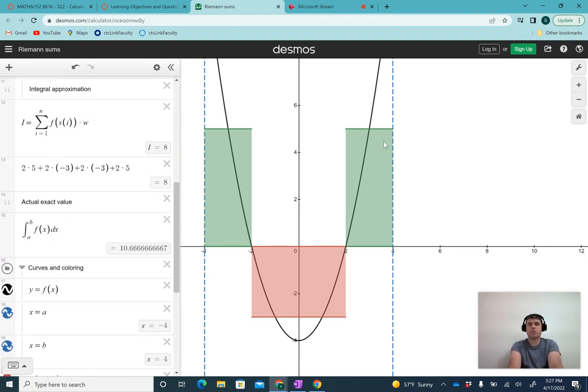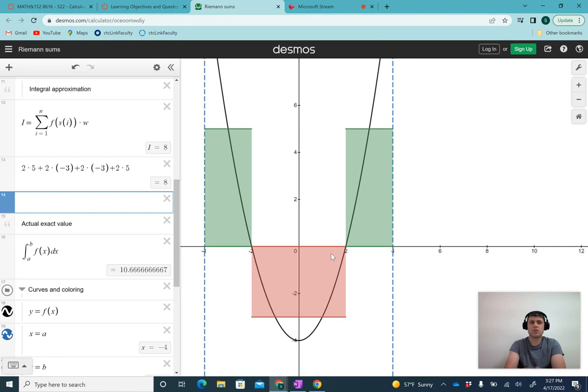Great. We approximated the signed area, but now we want to make this more general. How do we make this more general and more flexible? First of all, I want to be able to change my function, whatever function I got. So I'm going to rewrite this as a Riemann sum: a sum of terms like f of something times the width of the rectangle.